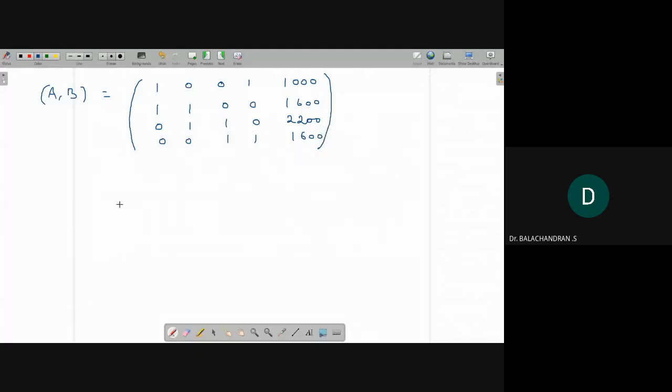Now try to convert into row echelon form. So first make this position 0. So 1, 0, 0, 1, 1000.